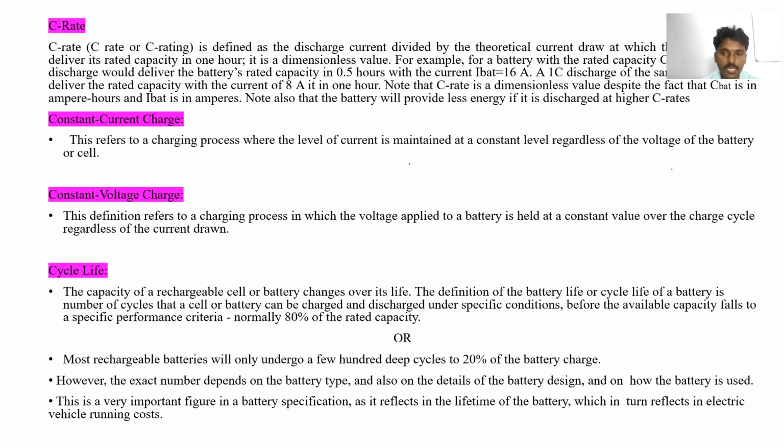The cycle life of a battery is the number of cycles that a cell or battery can be charged and discharged under a specific condition before the available capacity falls to a specific performance criterion, normally 80% of the rated capacity. So the battery life depends upon the charging and discharging cycles.